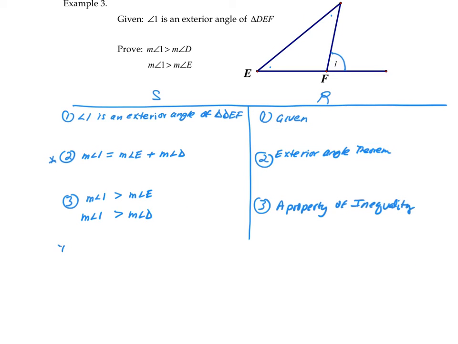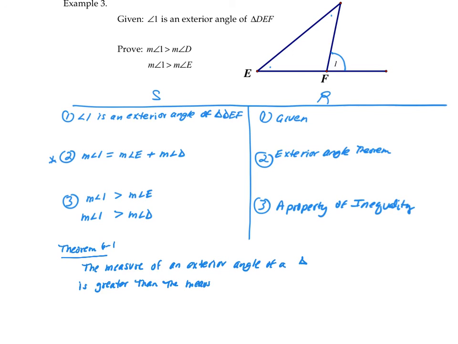So our theorem, theorem 6.1, first theorem in chapter 6, says the measure of an exterior angle of a triangle is greater than the measure, sorry about that, can erase it, greater than the measure of either remote interior angle.